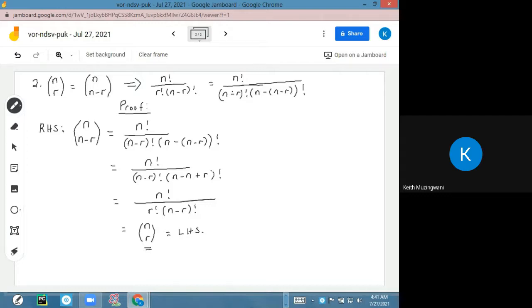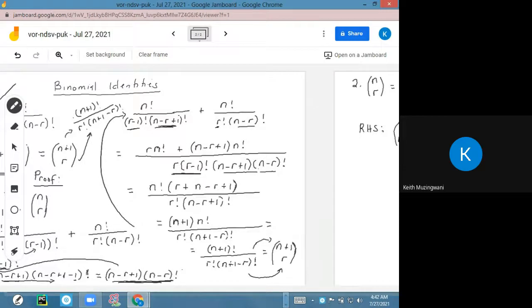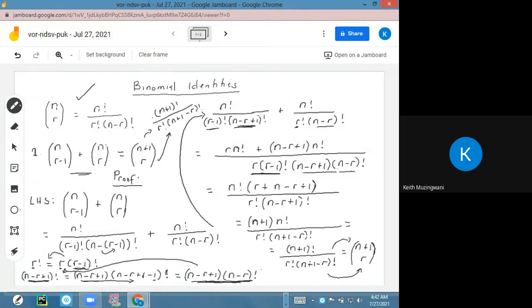You can't take them at once, where this side is moving and the other side is moving, then you say in the end they are equal. You pick one so that you can get to the other. Some can be this easy and some can be complicated. So if you invest your time in the easy ones first, they will guide you on how to get to the hard ones.